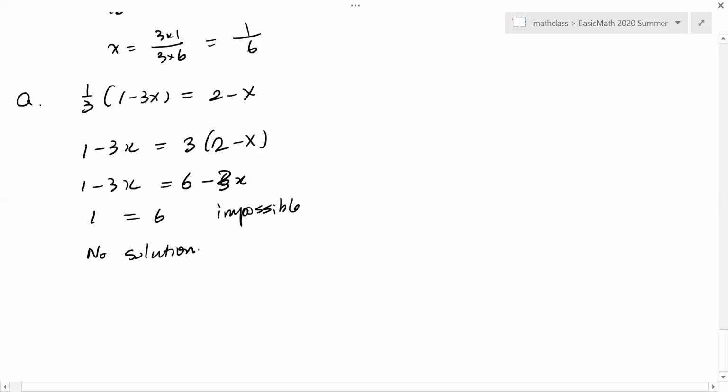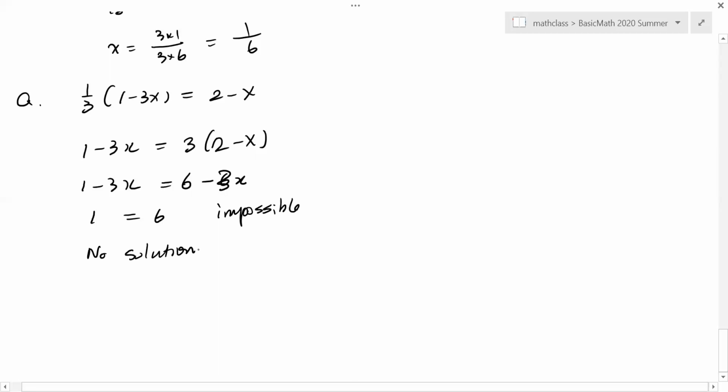So why is there no solution? Because assume there is a solution, x, some unknown, satisfying the first equation on top. After simplifying step by step, you should get that solution, but instead you get 1 equals 6. That's a contradiction.